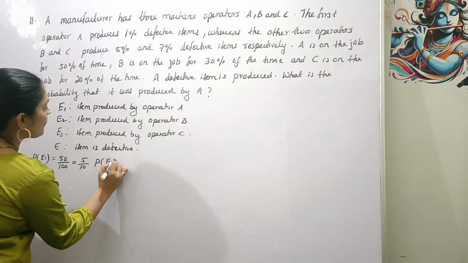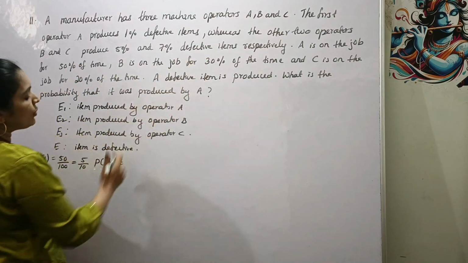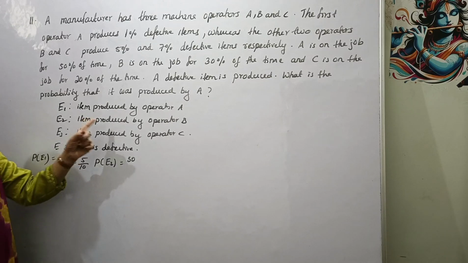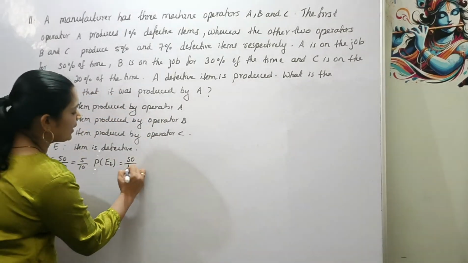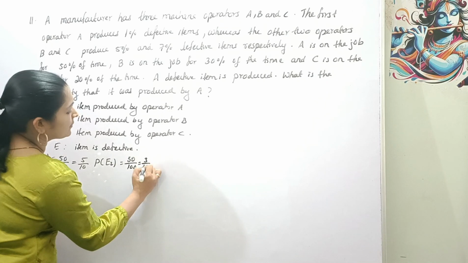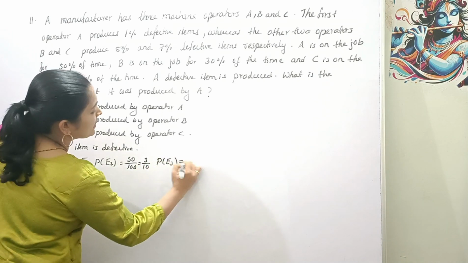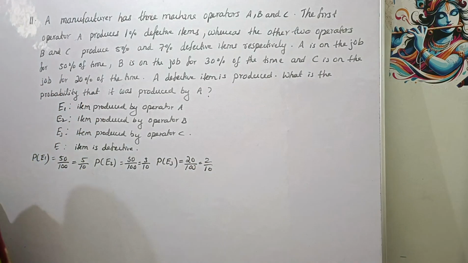Probability of E2, that is B is on the job for 30%. That is probability of item produced by operator B is 30%. That is 30 by 100, 3 by 10. Probability of E3, 20%. That is 20 by 100 is equal to 2 by 10.